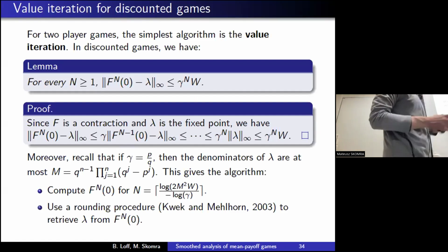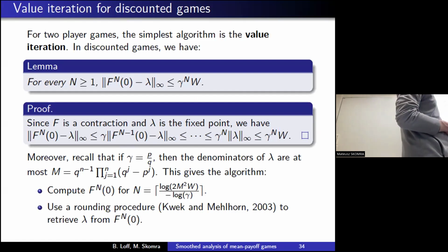Again, let us start with the discounted case. In the discounted case, we saw that if we iterate f^n of 0, we get to the value, right? And we know that this operator is a contraction with contraction rate gamma. So when I iterate f n times, I get gamma to the n.